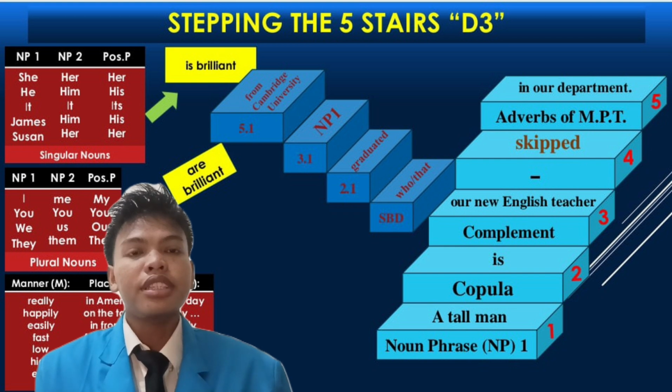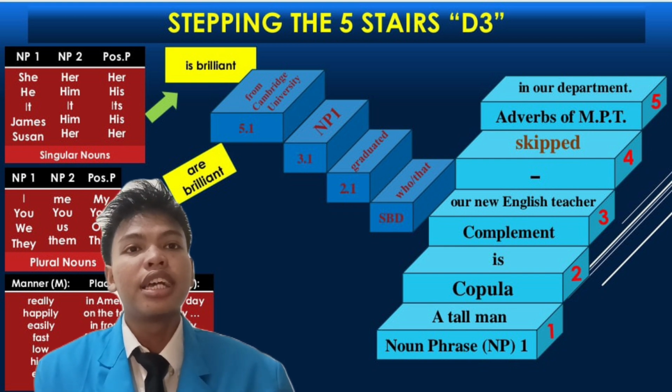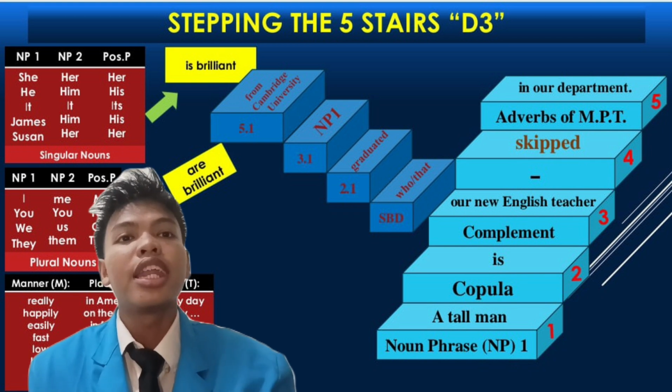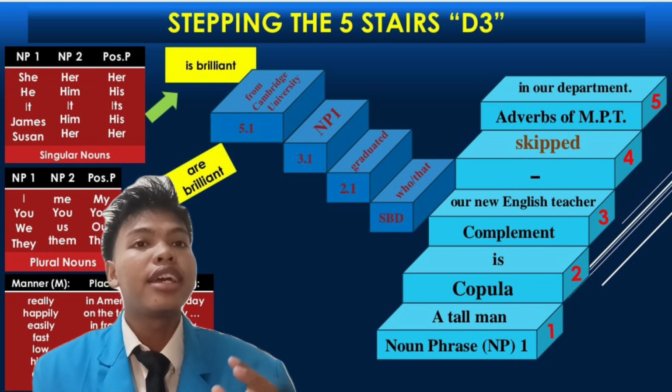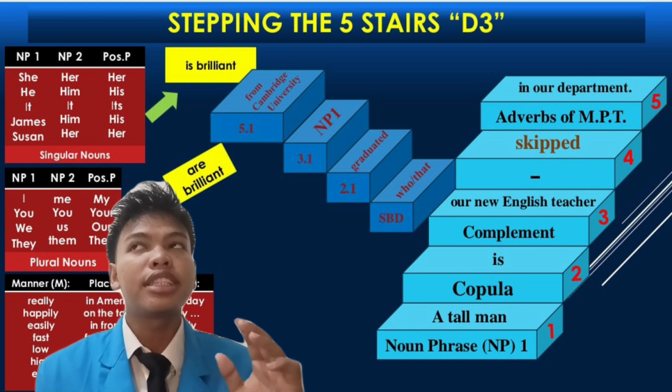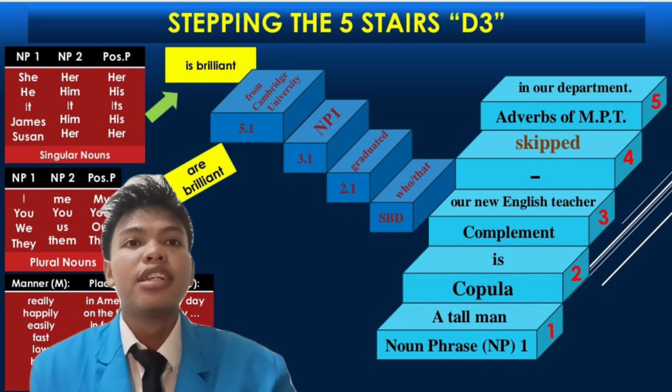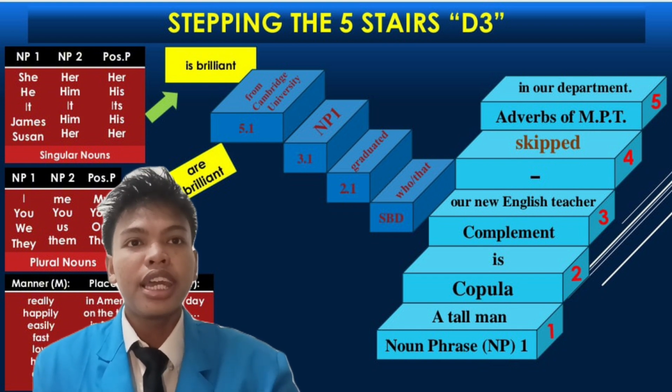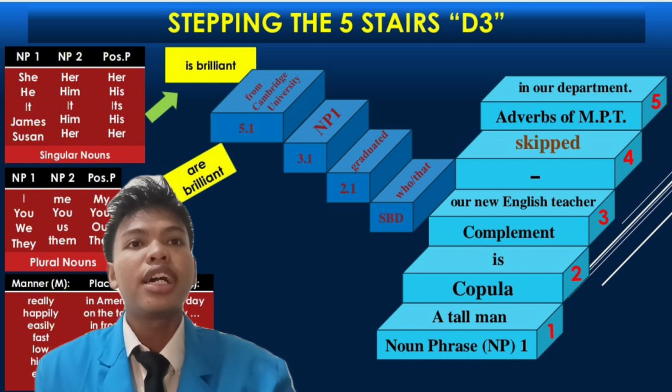Explanation: the relative clause is who graduated from Cambridge University, and the word who refers back to the man, and then it adds extra information, but the main sentence should stay the same, like that.